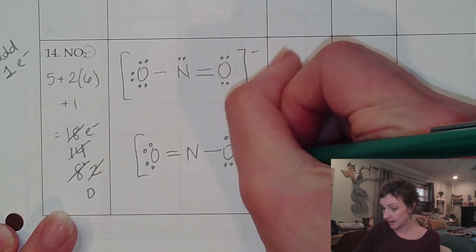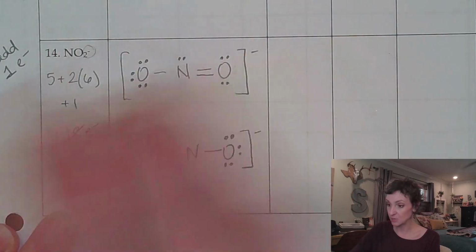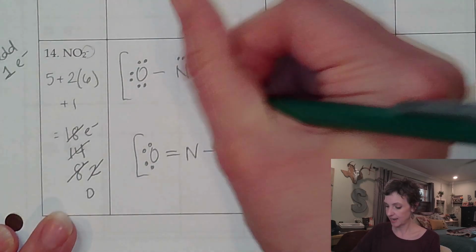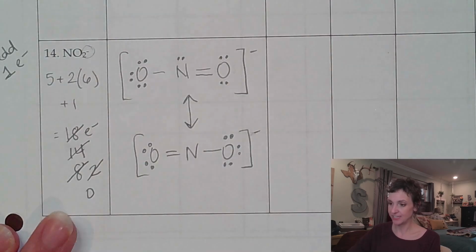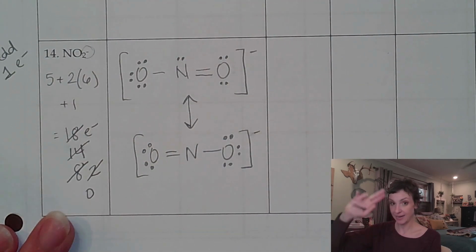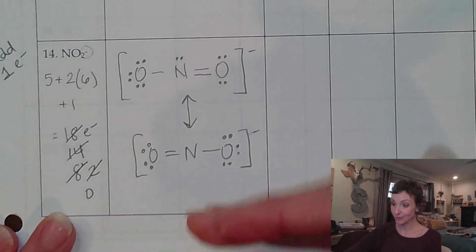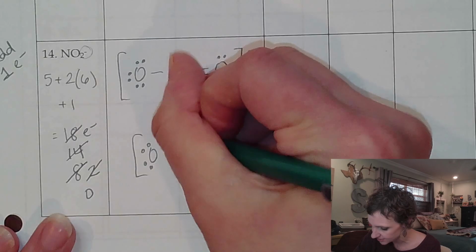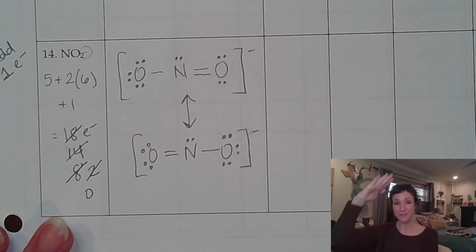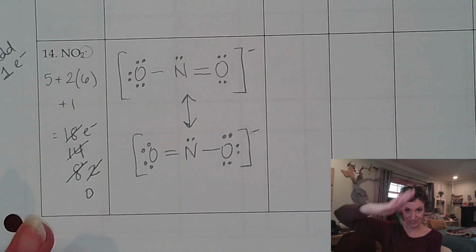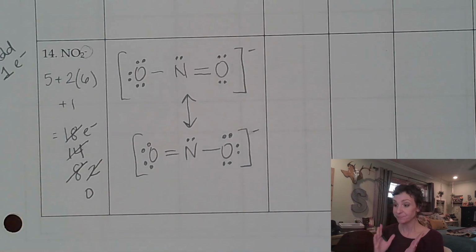Still a polyatomic ion, so still needs brackets. Also needs a -1 charge. Okay? It is a resonance structure situation, so we will show my double-headed arrow showing that that molecule also... Ooh, I forgot my lone pair on my nitrogen. Oh my goodness, there we go. So that molecule will actually resonate between one structure and the other, which is really cool. Okay, so on level, kiddos, this should hopefully get you guys started.